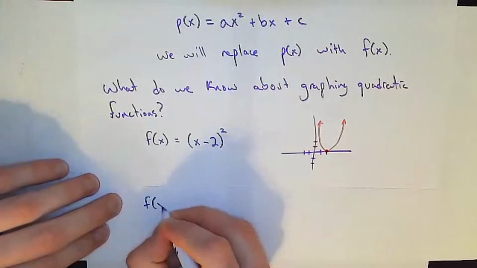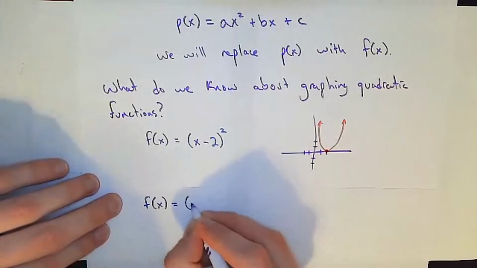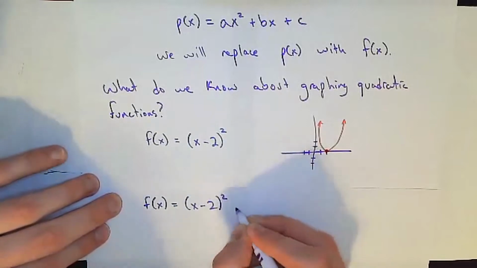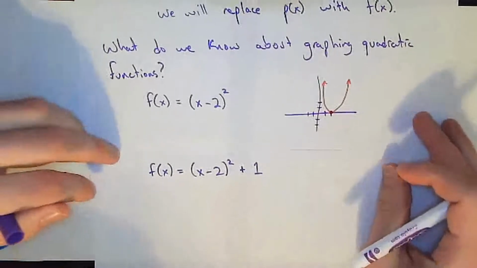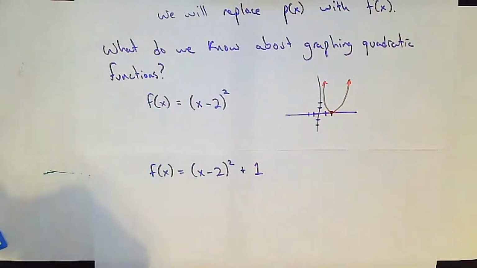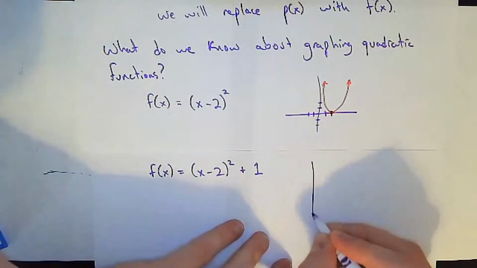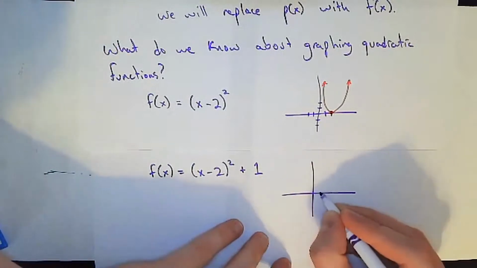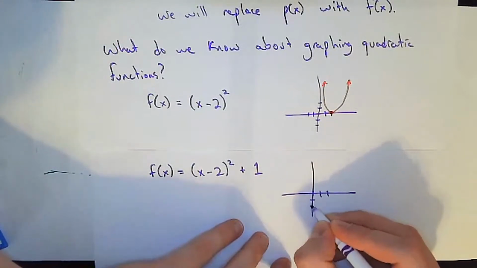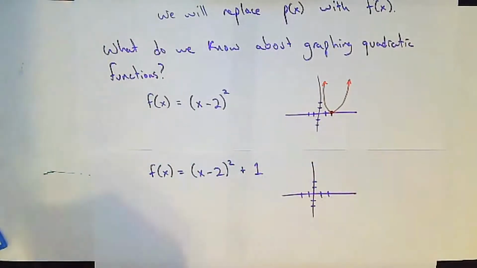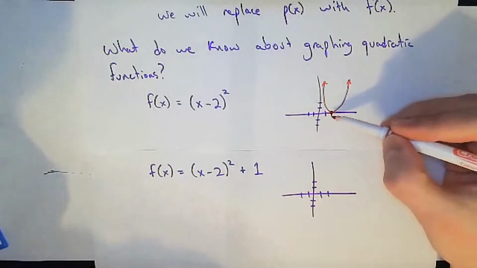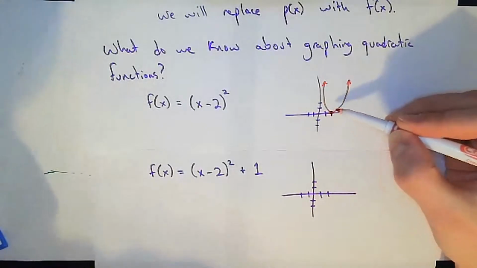We also know that if I do something like x minus 2 squared, and then I add a 1 outside of the function, then that results in a vertical shift. So I know that it's going to scoot right by 2 and it's going to go up by 1. So that new beginning point is going up by 1.